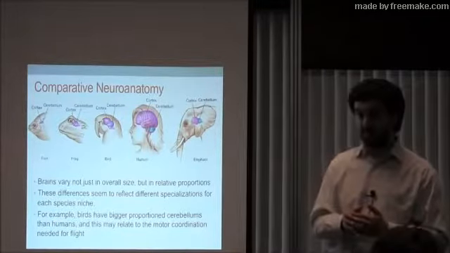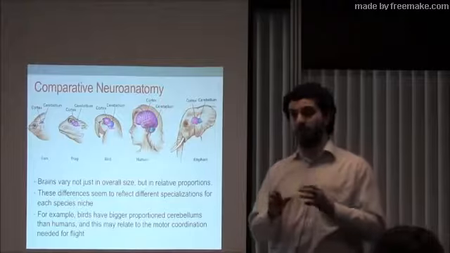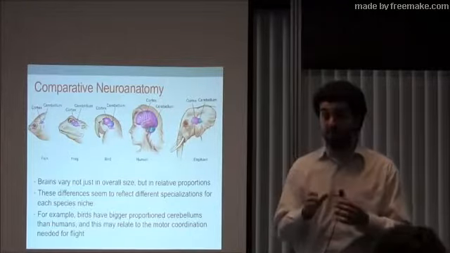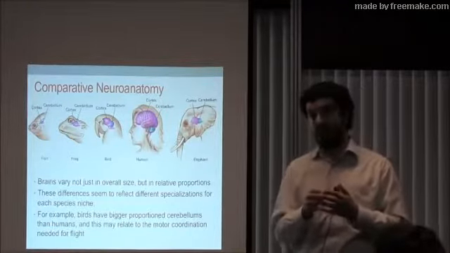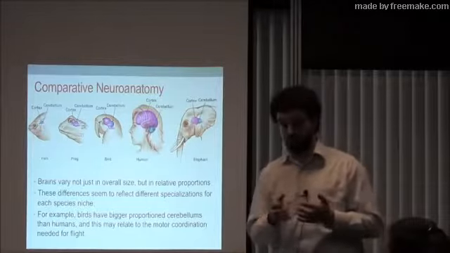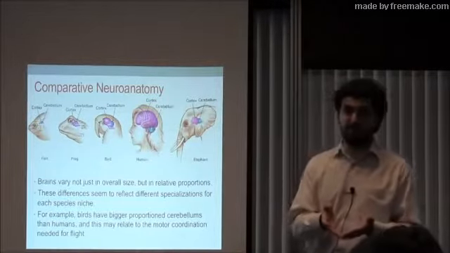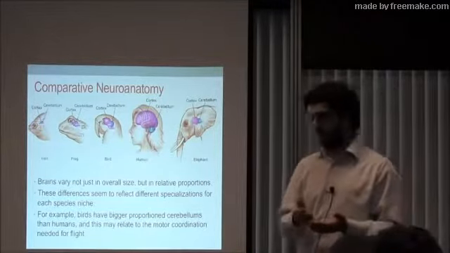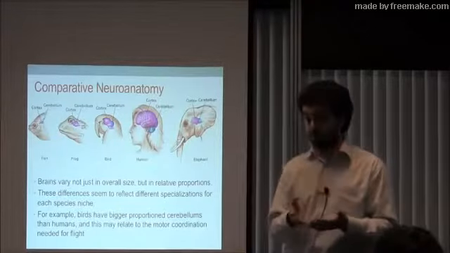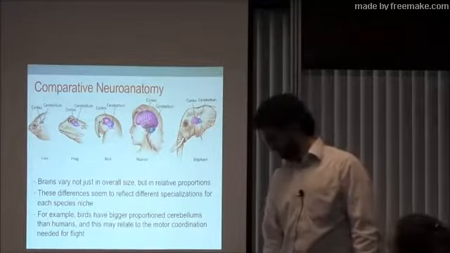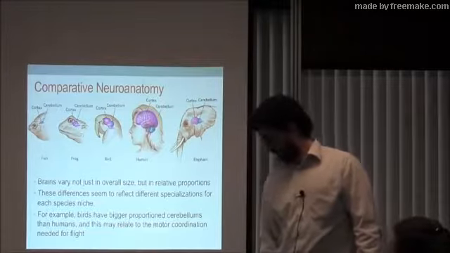So what you would imagine is that birds would have larger areas in the brain that serve the function of keeping them alive, or enabling them to do the basic function that they serve, which is usually flying. Okay? All right.